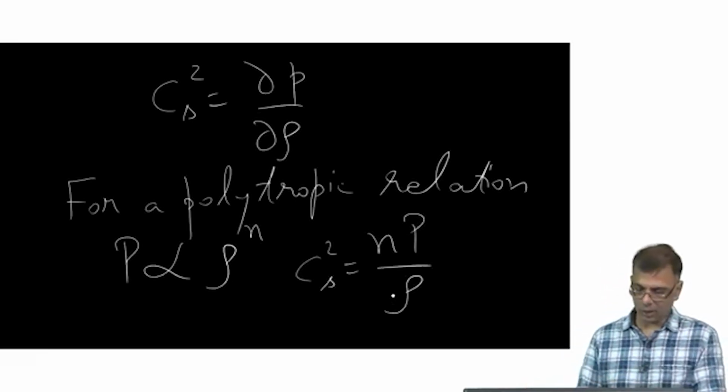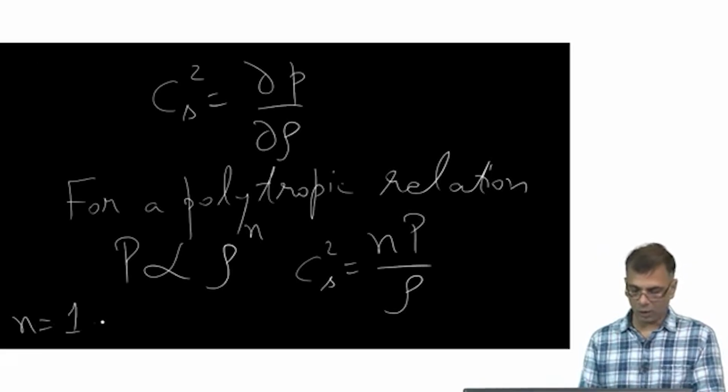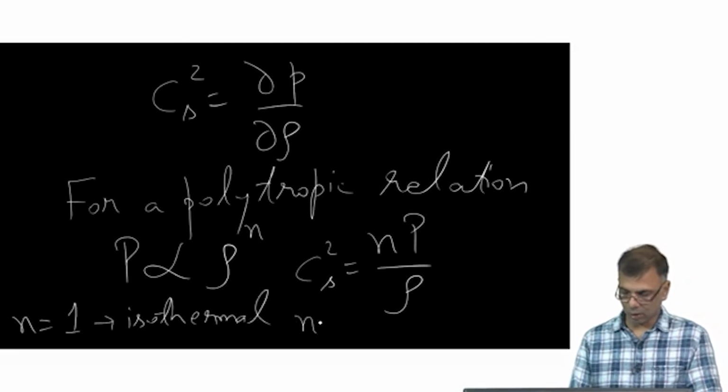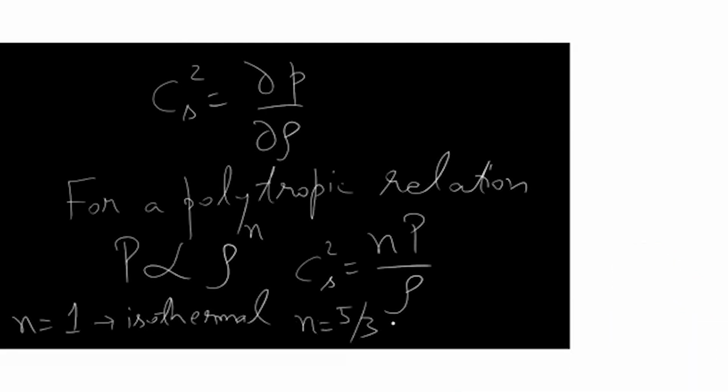And generally n equals 1 is isothermal, and n equals 5/3 adiabatic. So these are two commonly invoked limits of the polytropic relation. So you would have two different kinds of speed of sound.